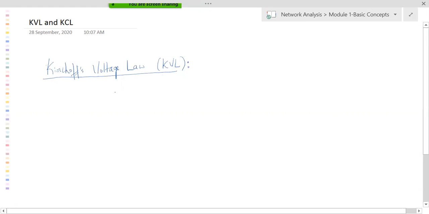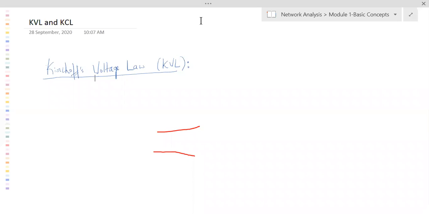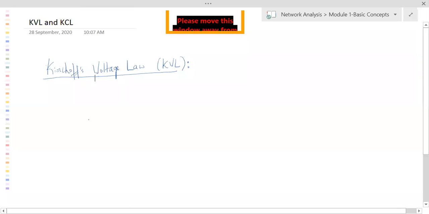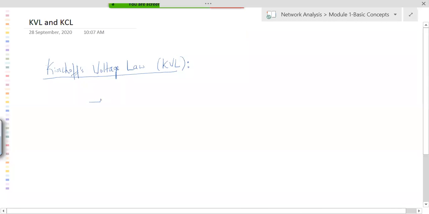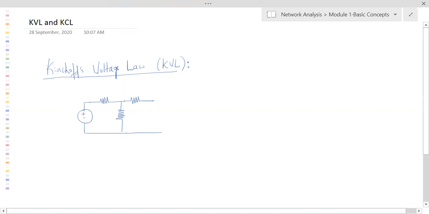Fine. Now, let's consider a circuit diagram for that. What is the circuit diagram? Let's consider this. You have R. You have another R here. Now, this is one voltage applied here, and there is another voltage applied.